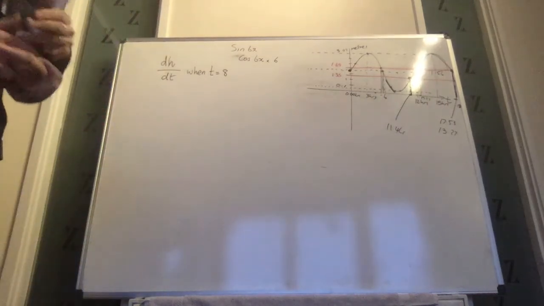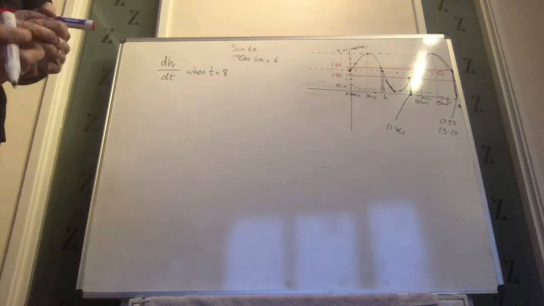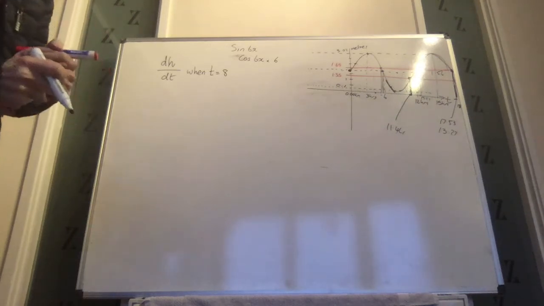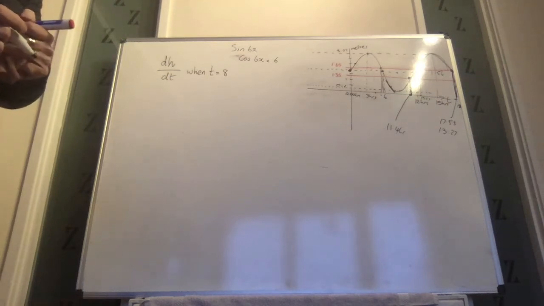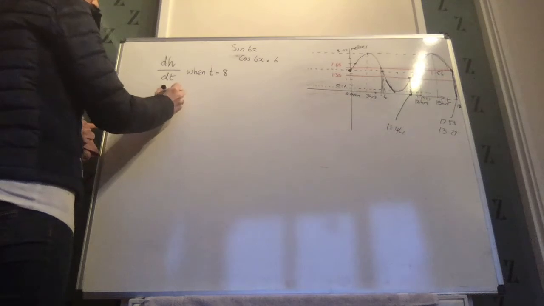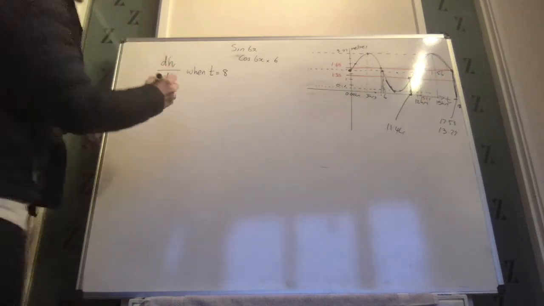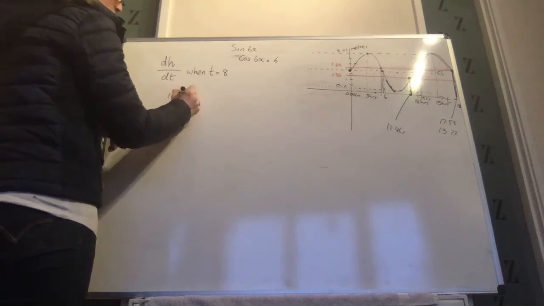So dH by dt was 1.46. Okay, what was dH by dt again? It was 1.46 by pi over 6.